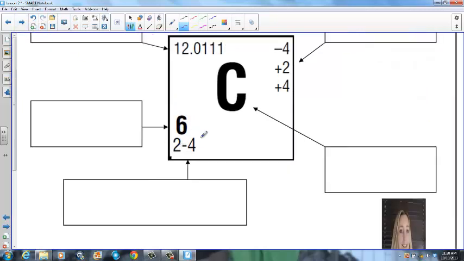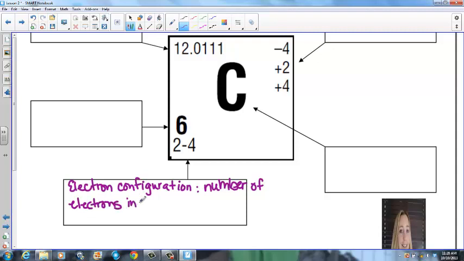Next, so let's look at this 2-4. Over here, the last thing on the reference table that you'll find in each element box is called the electron configuration. And this basically tells us where the electrons are located and how many there are. So this is equal to the number of electrons in each energy level.